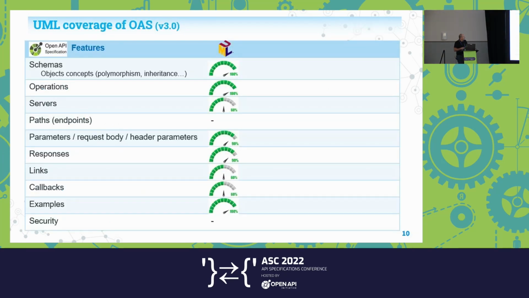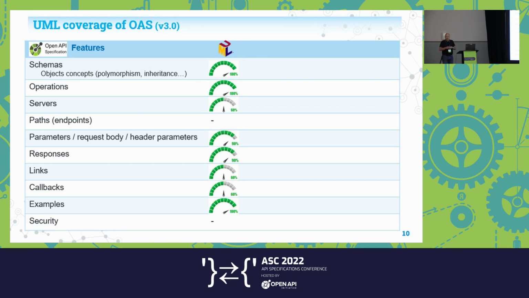If I compare, this is the coverage of the OpenAPI specification by UML. The schema will be generated 100%, totally generated from the UML. The operation, with the server, in the past, because this is a list of endpoints.